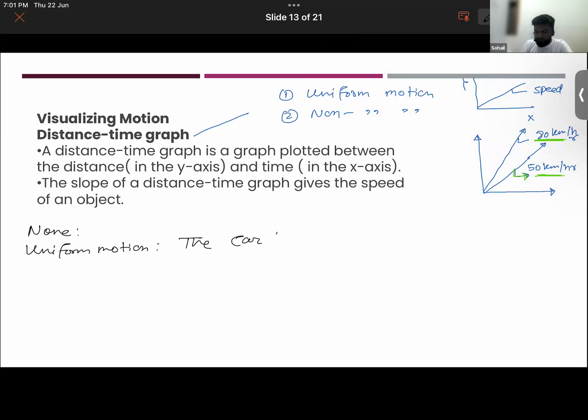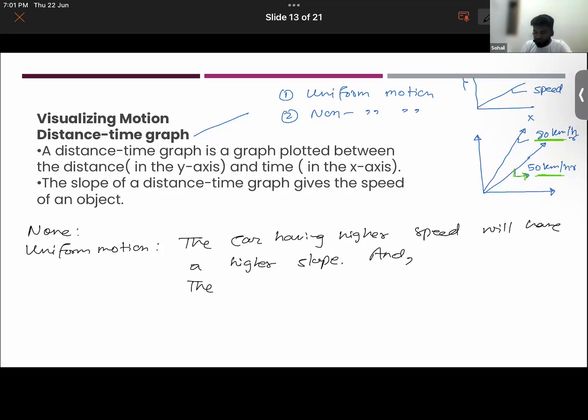The car having higher speed will have a higher slope. All right, Mafas?